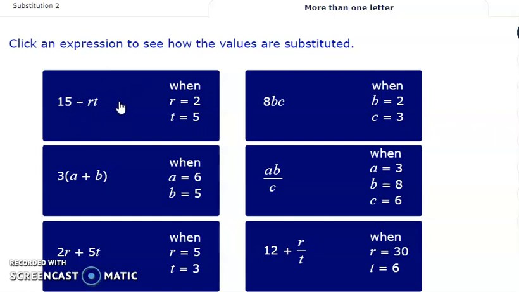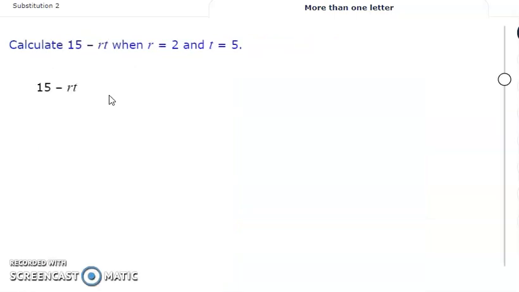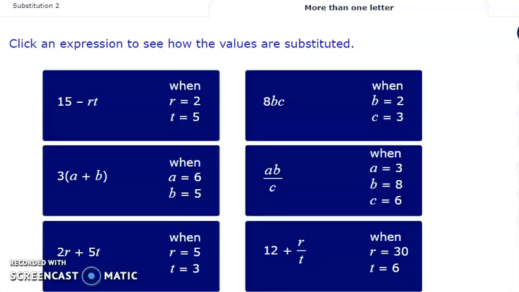So I will click here and then you will see 15 minus rt is 15 minus 2 times 5, is 15 minus 10, is equal to 5. I hope it was clear. You understood how we have to plug in the values and then finally come to the result.